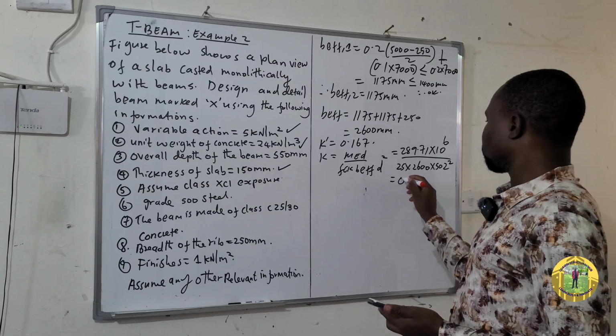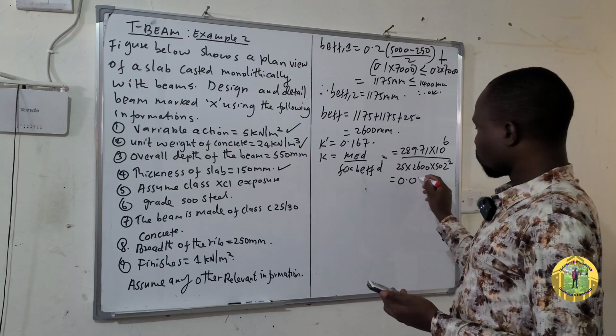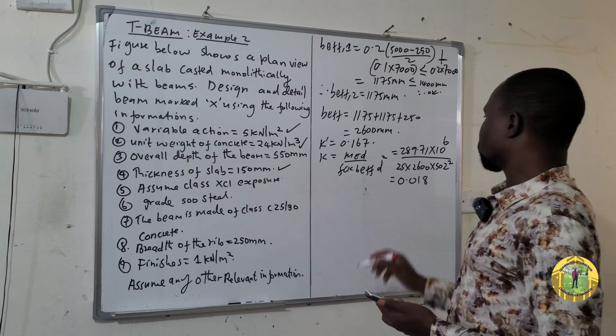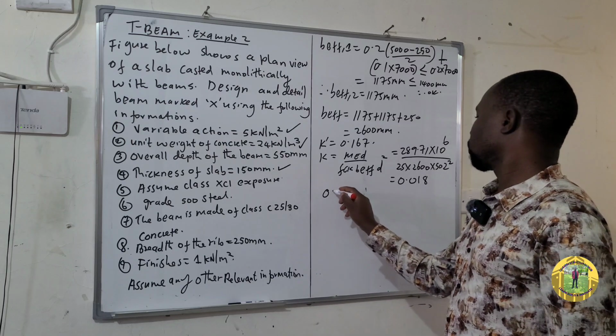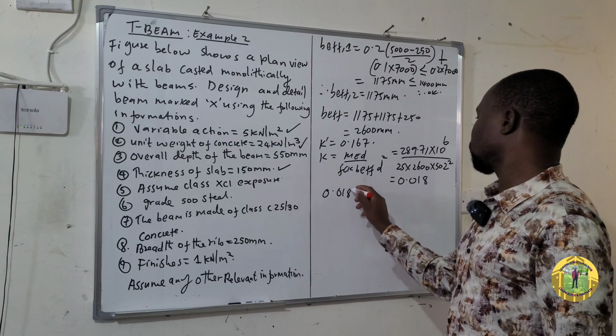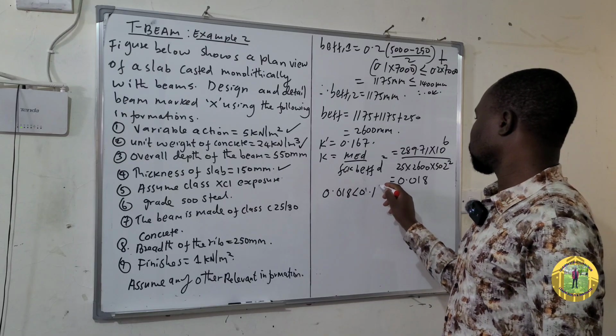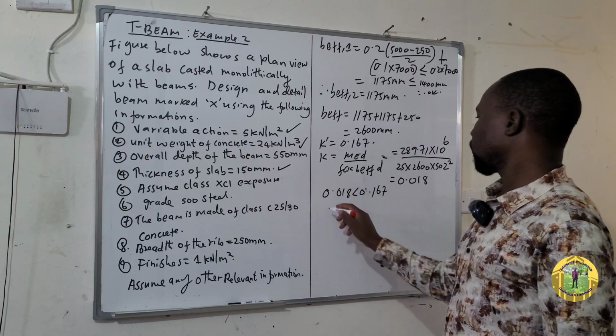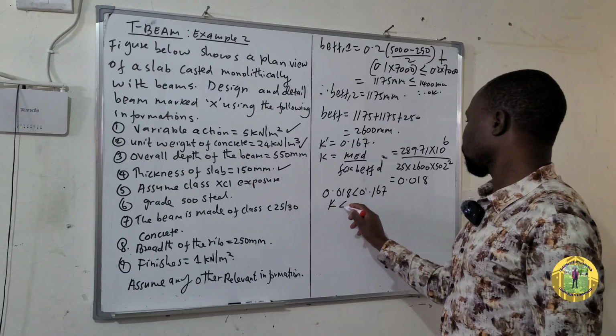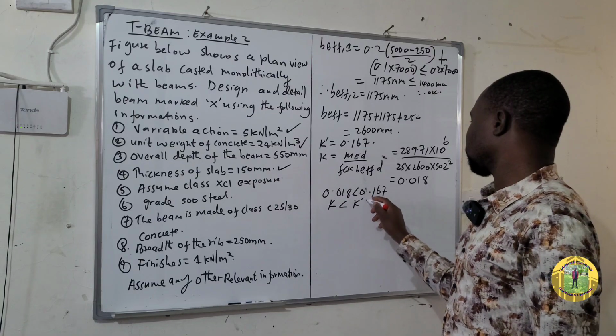So this is 0.018. So 0.018 is less than 0.167. In other words, K is less than K prime.